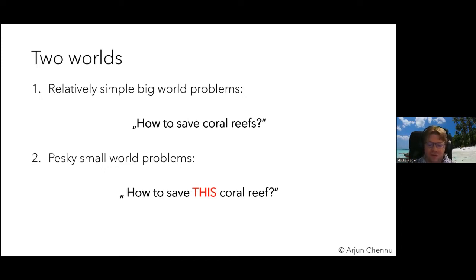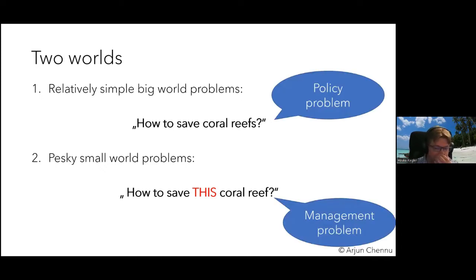So if a management problem. So if we want to address how can we save this specific coral reef. So those are two different scales we are working on. For many global issues, climate change, coral reef decline, we know what's causing those problems. But how to manage for that in smaller scales often stays a problem.